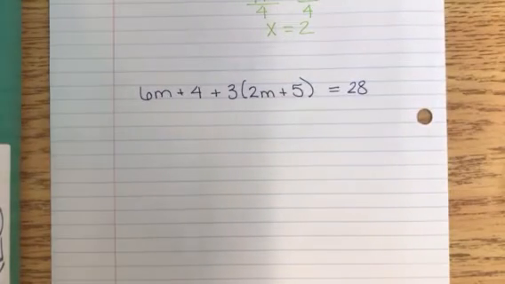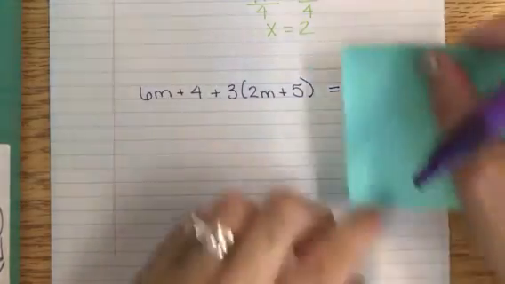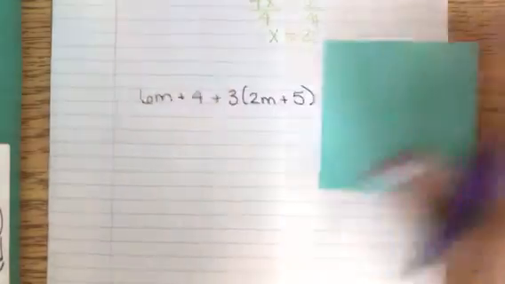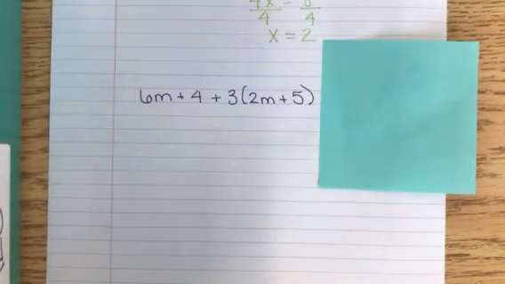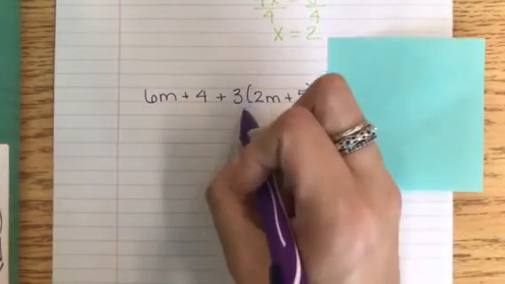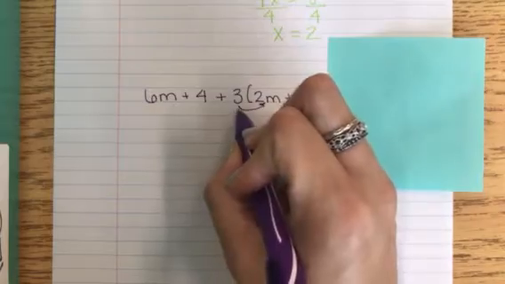So this can look really overwhelming and really hard, and we can often just say, yeah, I definitely can't do that problem. I think, again, it's easier if you ignore that this is even an equation to start with. So ignore what's sitting over there on the other side of the equal sign, and let's just focus on simplifying. Okay, so if we want to simplify, we have some parentheses, so we're going to pass this out with multiplication.